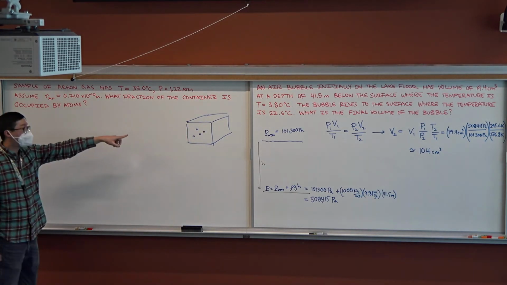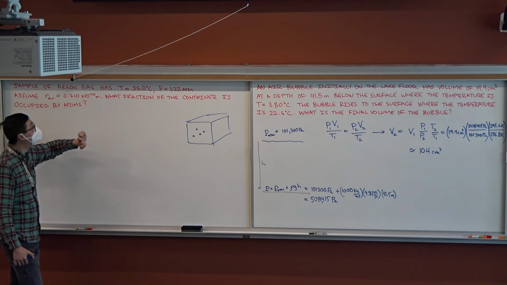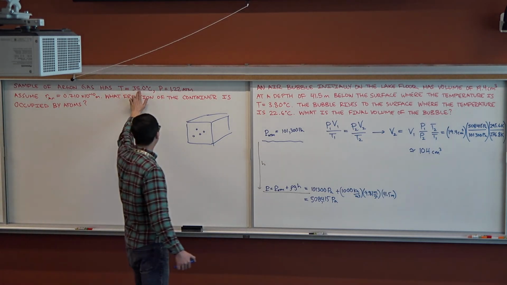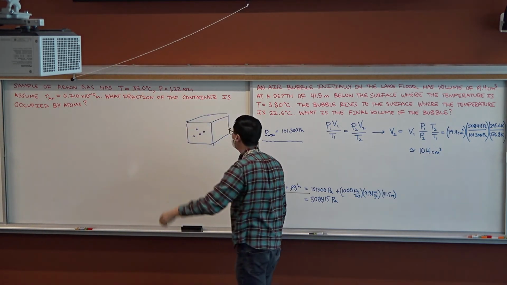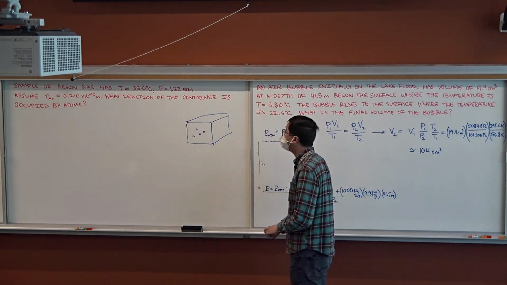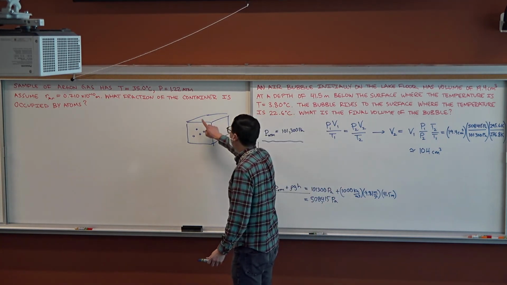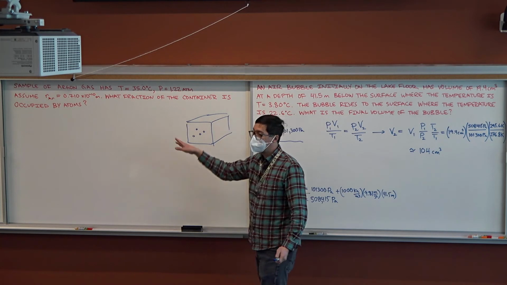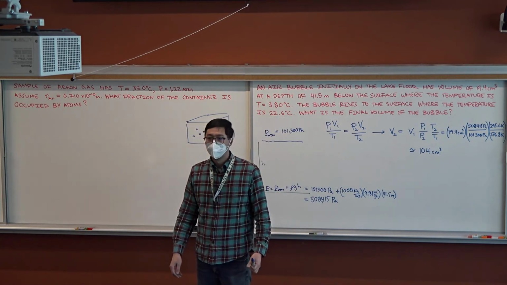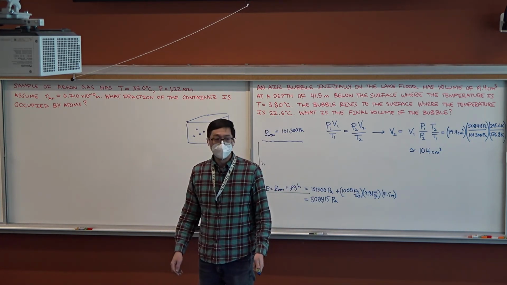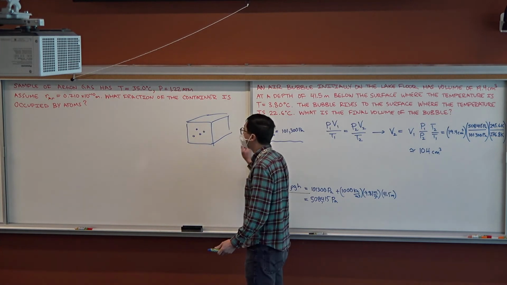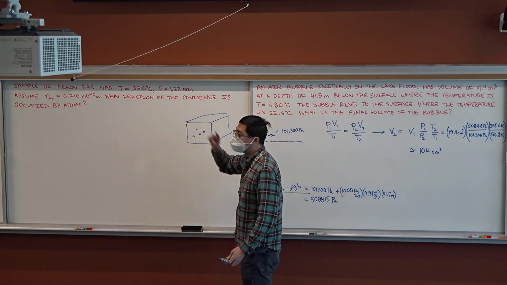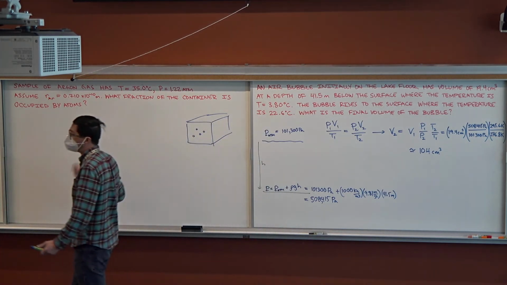There is argon gas inside at a temperature of 35 Celsius and a pressure of 1.22 atmosphere. I want to know what fraction of the volume of this box or cylinder or sphere, pyramid, whatever you want it to be, is actually occupied by these spherical atoms.